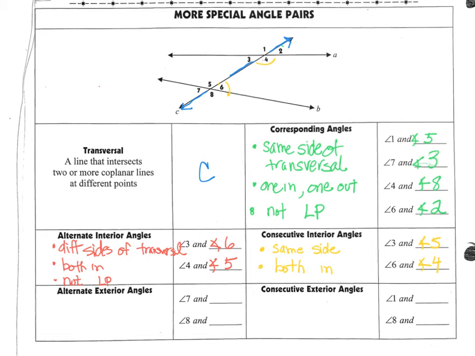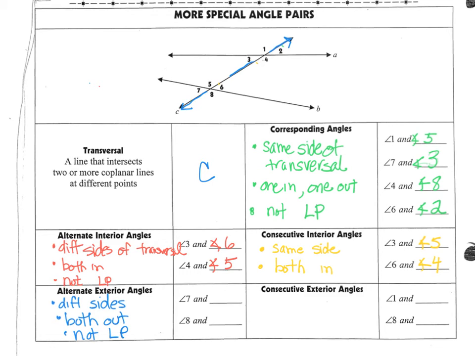Okay, our next type that we're looking at is alternate exterior angles. And we have three things for this that we need to look at. They must be on different sides of the transversal, they both must be on the outside, the word exterior, and they cannot be linear pairs.